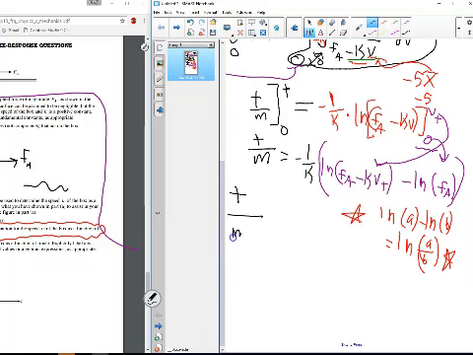So t over m is equal to the negative 1 over k of the ln, and all this messy writing, f sub a minus, oh shoot, not ka, f sub a. I'm sorry about that. You know what, I'm just going to erase this whole thing. Let's not even go back.